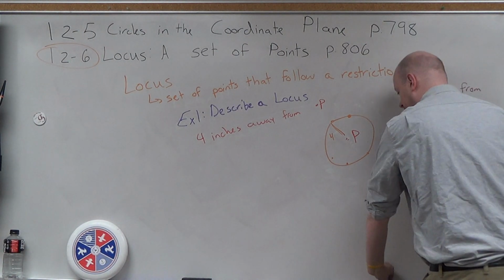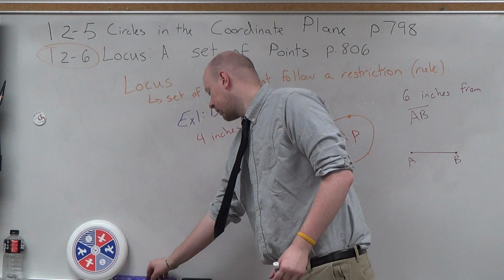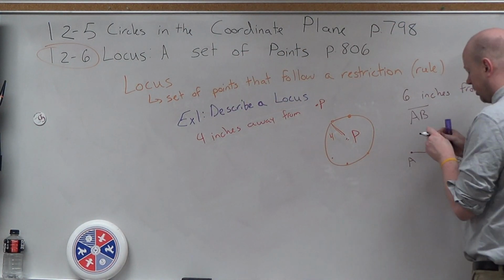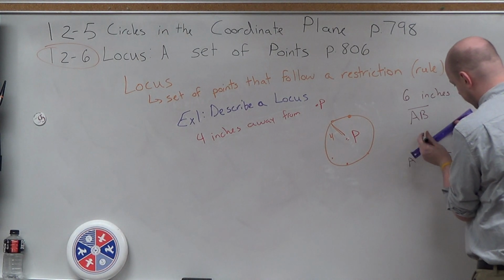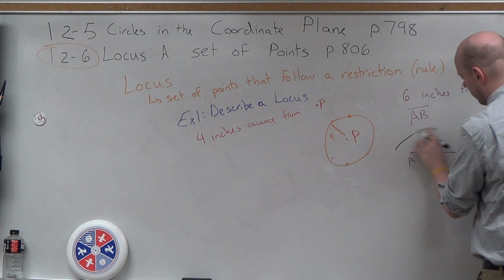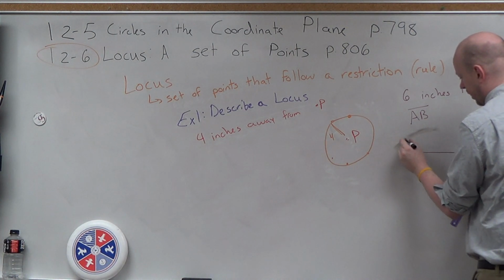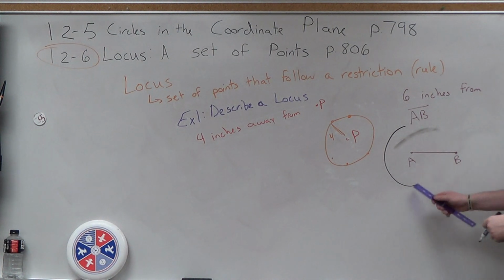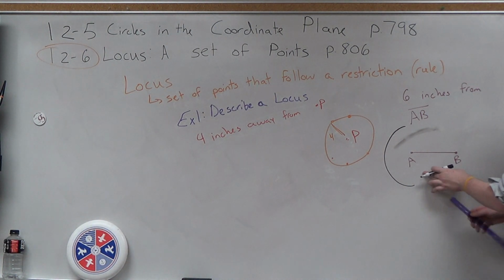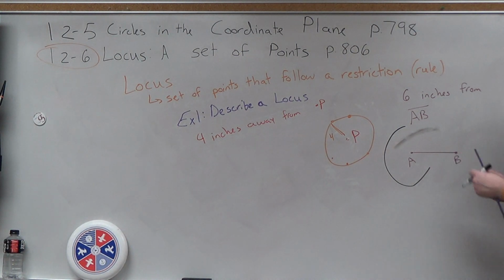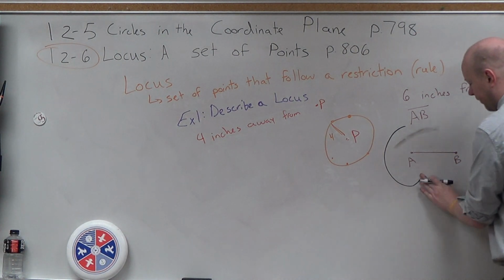So, in theory, I could look at A and say I could draw a circle that's 6 inches around it. Now the problem is, once I start completing it, this line would get closer to the rest of the segment and I wouldn't be able to finish it off.